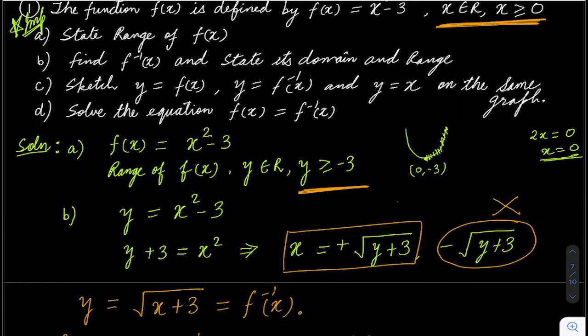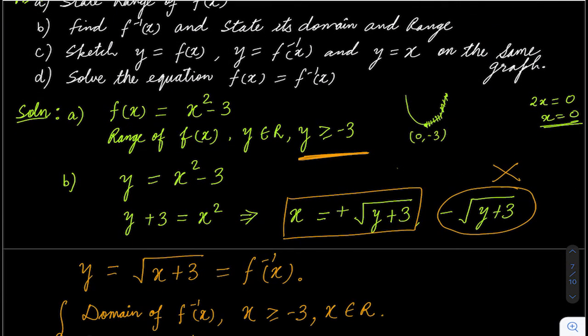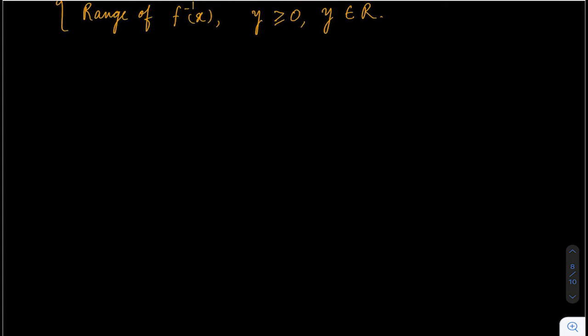Okay, now the next part is important. Sketch the graph of f(x), f inverse x and y equal to x on the same graph. Now this is what we are talking about, that f(x) and f inverse x are reflections of each other. Let's see. So let's draw the graph.